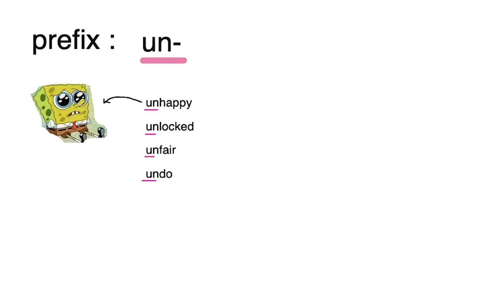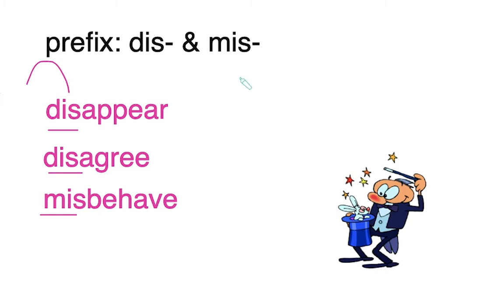Let's look at an example of another prefix. We've got the prefixes dis and mis. These are very, very common ones as well, and we use them at the beginning of words, such as disappear, disagree, misbehave. These dis and mis prefixes usually have negative meanings, like misbehave, if someone disagrees with you, or if somebody disappears.